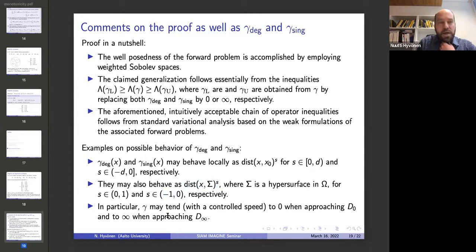In particular, what can happen is that with a controlled speed, the conductivity may go to 0 when approaching the ideally insulating part and may go to infinity when approaching the ideally conducting part. So it's possible to consider inclusions where you have an insulating inclusion and then you go to 0 smoothly with a controlled speed when you approach that inclusion.